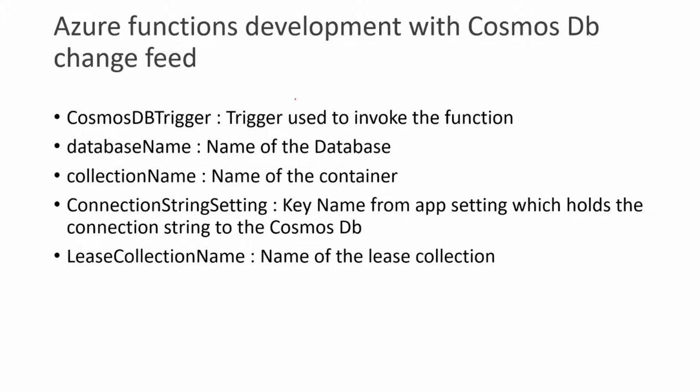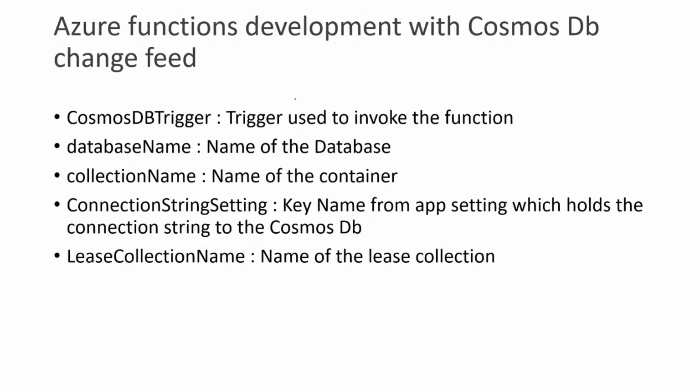What this lease collection will make sure is that next time whenever our change feed is processed, the documents from 6 onwards, whatever are present, are processed properly without any issues. So we need the lease connection for recovery purposes, whenever some issue occurs while propagating the change feed to Azure Functions or somewhere else.